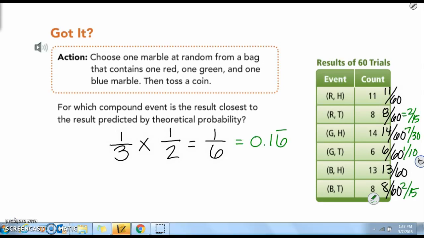If I were to change 11/60ths into a decimal, that would give me around 0.1833, which is pretty close to the theoretical probability. So the event of choosing a red marble and tossing heads is closest to our theoretical probability.